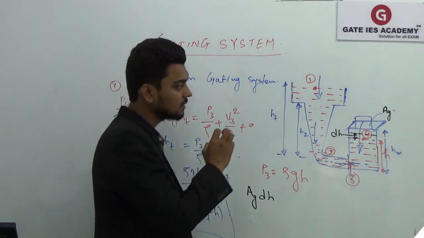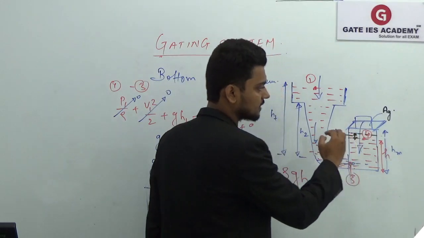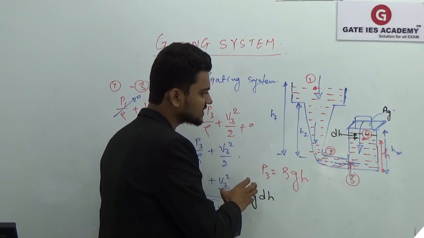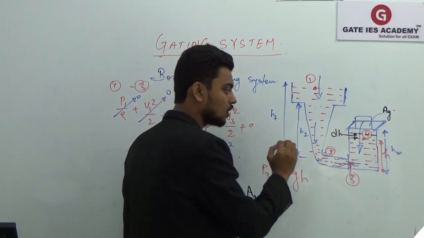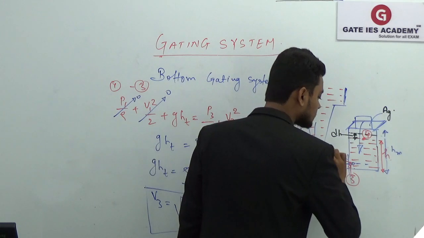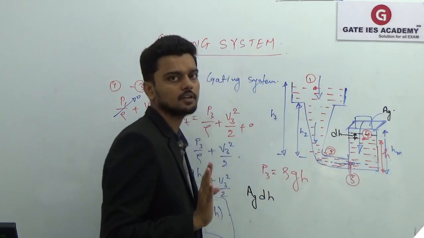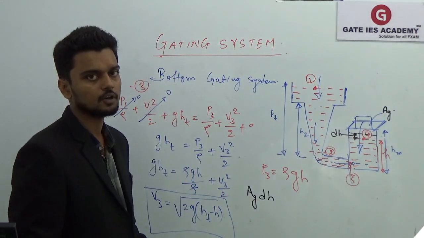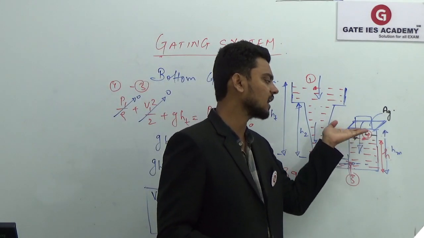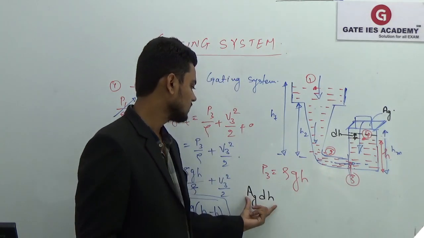Now this volume of the molten metal in the mold cavity should be the same as the volume of the molten metal that has entered through section 3. Only then will the height of the molten metal in the mold cavity increase by that dh.